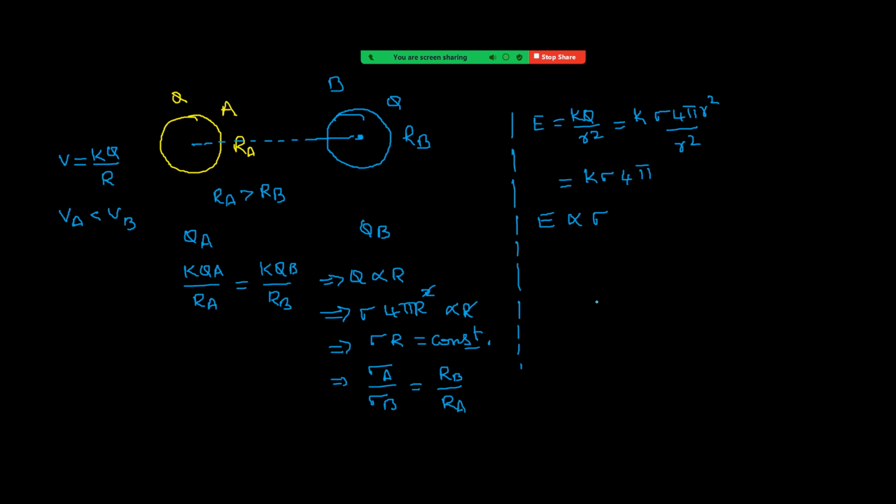That means sigma is proportional to 1 by R, so E is proportional to 1 by R. If radius is more, field is less. That means since RA is greater than RB, EA is less than EB. Right? So like this, we can solve the problem.